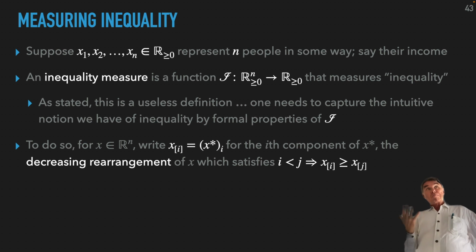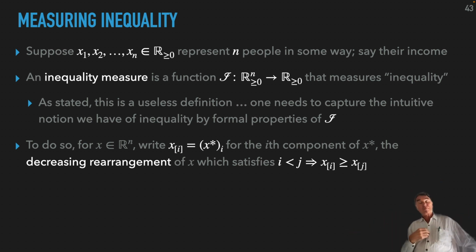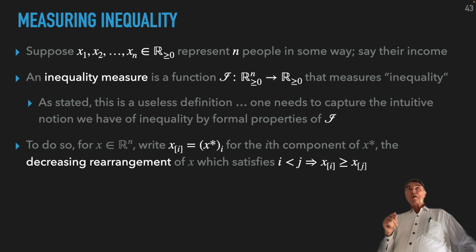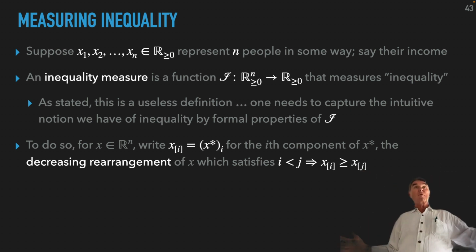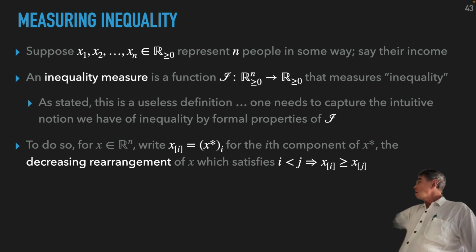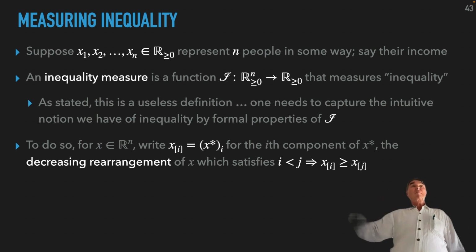In order to spell out what properties we might like, we need a little bit of notation. One of the key things that matters here is not how much money each person has, but the distribution of it, right? What you care about is who's the richest person, who's the poorest person. So to that end, they use this notation, which is not unusual, for just sorting the incomes.